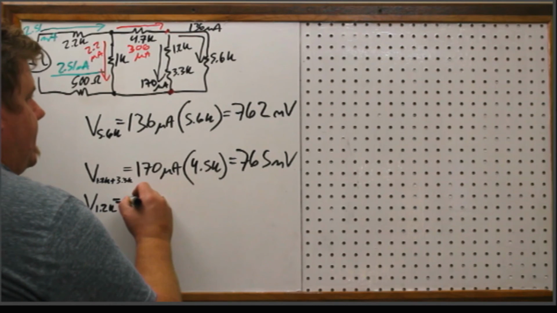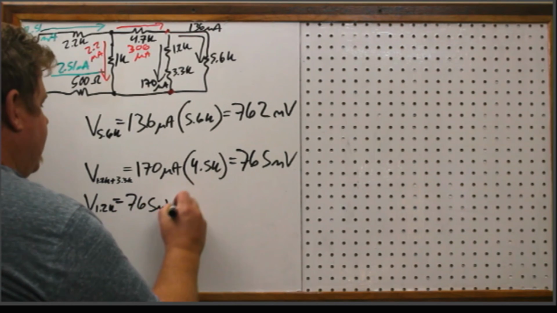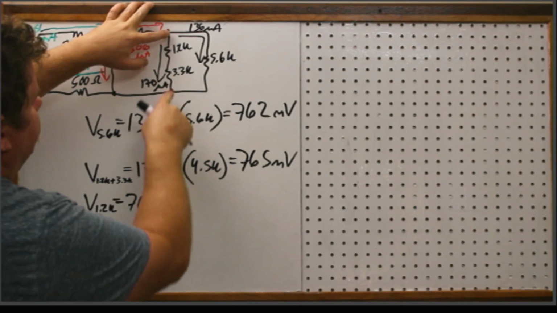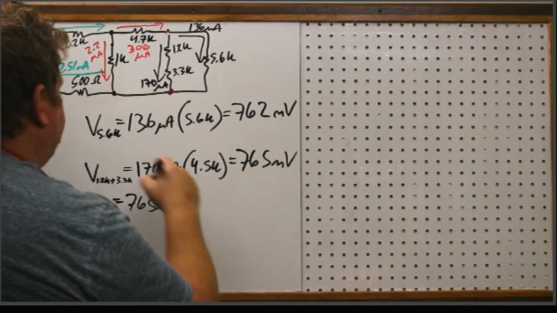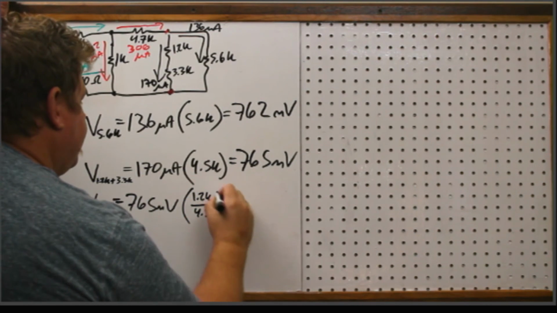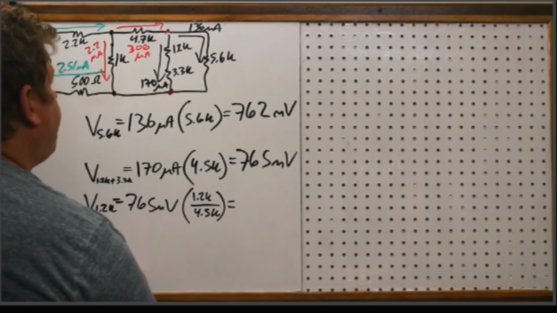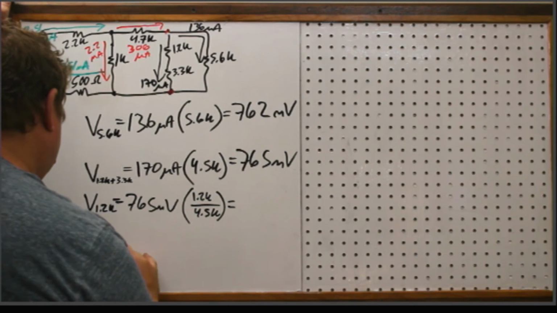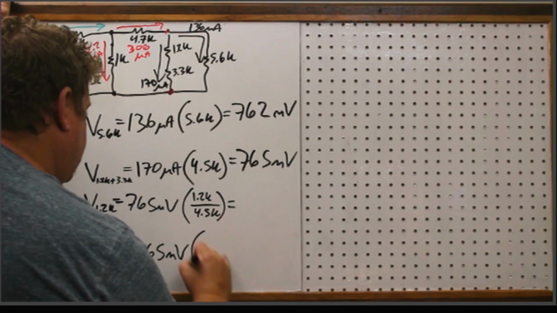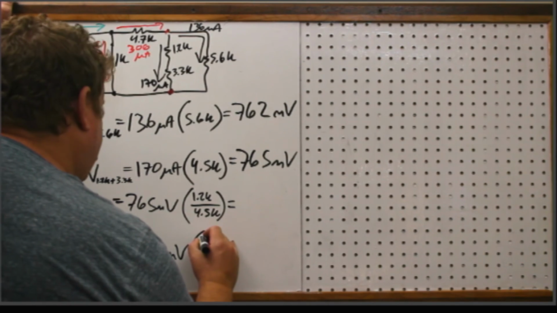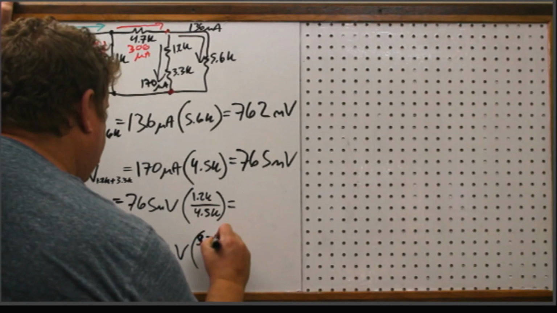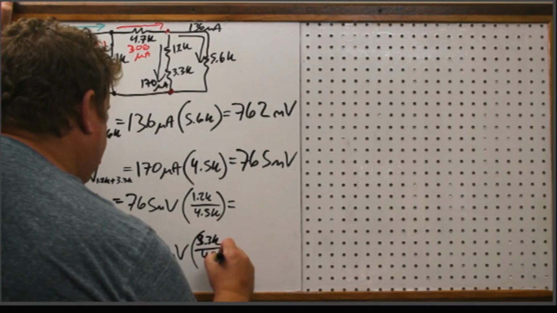So for this one, there is 765 millivolts available from here to here, okay? The total resistance of the two is 4.5K, and so now the individual of 1.2K to that, and then the 3.3, 765 milli times, let's see, it'll be 3.3K over 4.5K.